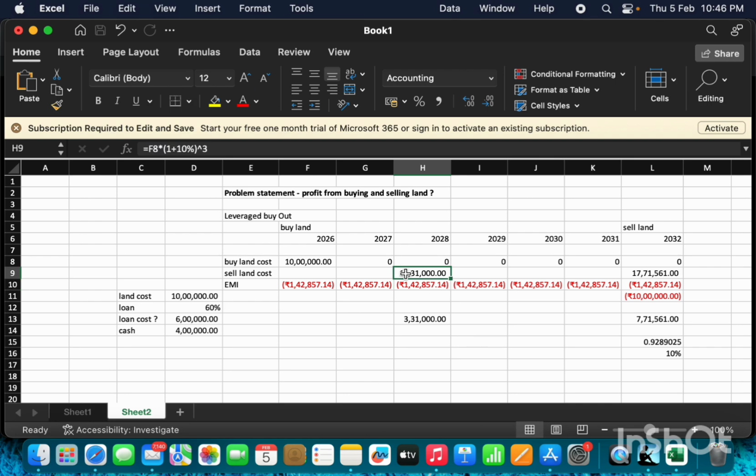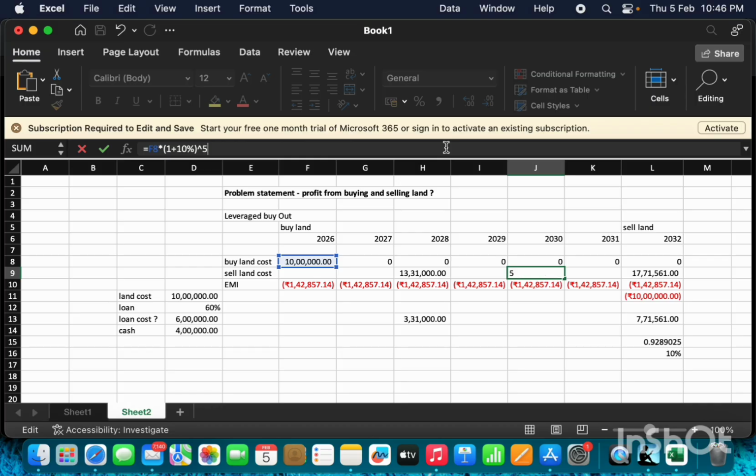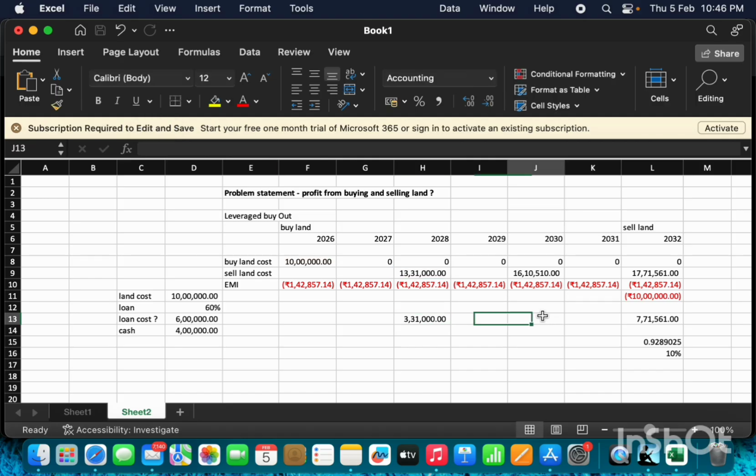Now what happens if I sell my land in 2030? If I sell my land in 2030, I hold the land for 2 more years. Now, if I apply the same formula here, I make a profit of 6 lakhs.